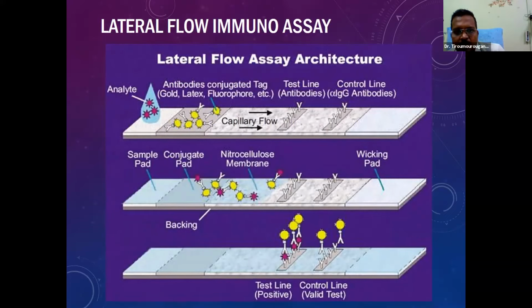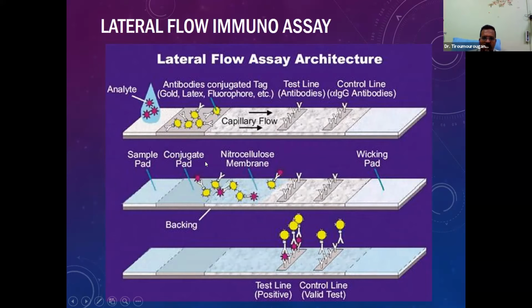Now, a little word about the lateral flow immunoassay. This is what everybody uses, or at least most of these tests use it. Basically, we have a cassette, and the cassette starts with a sample pad where we apply the sample. Obviously, the sample contains the antigen. Next to it, we have a conjugate pad.